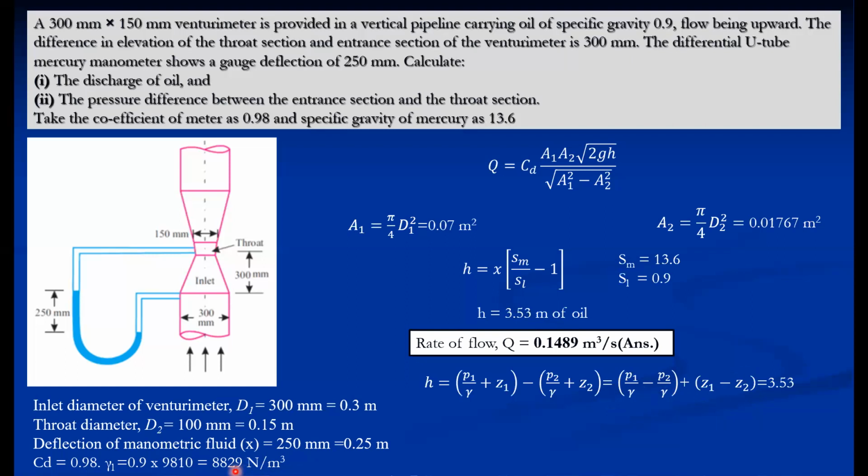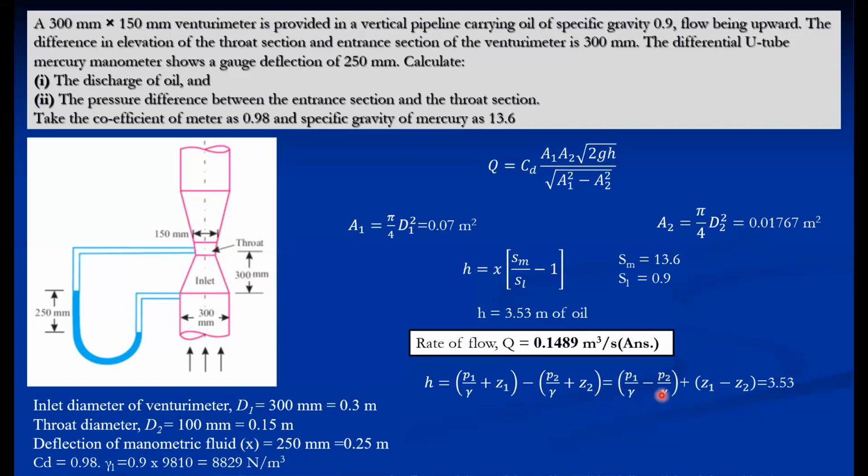The gamma value is also given. So putting Z1 minus Z2 in this case, this is Z1, this is Z2. That is the distance between the two pressure tappings we have to consider. So for Z1 minus Z2, here you have to be careful. Z1 is 0, Z2 is 300. It is minus 0.3 meter we have to consider.